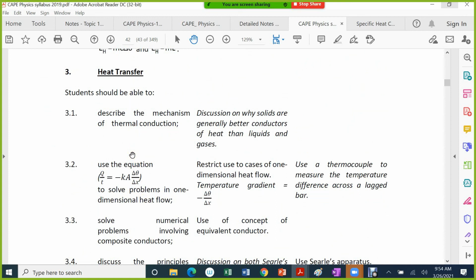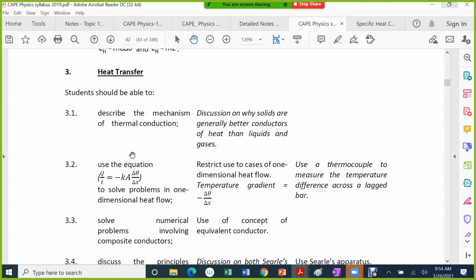Now, this is where we're going to go next. We're going to go into what we call heat transfer, right? That is going to give us more information about conduction, convection, and radiation, because we know those are the main methods of heat transfer.